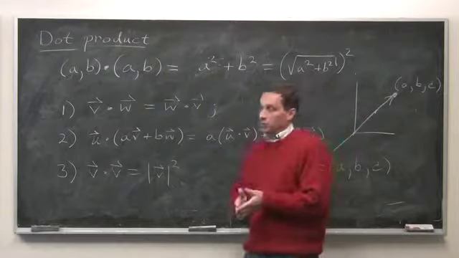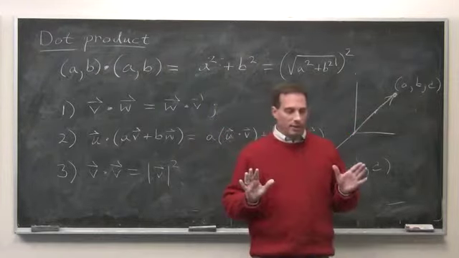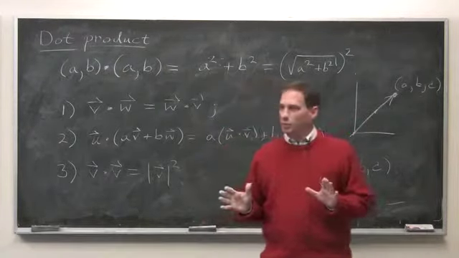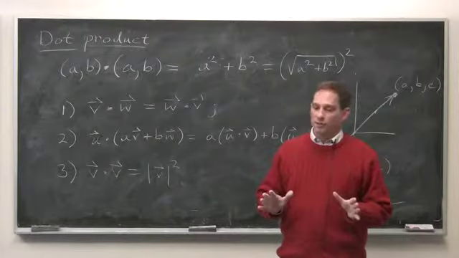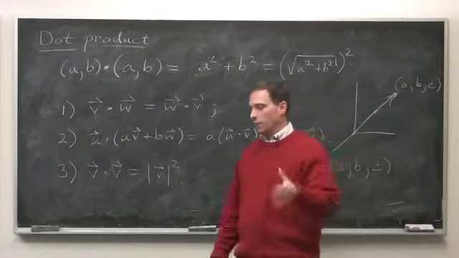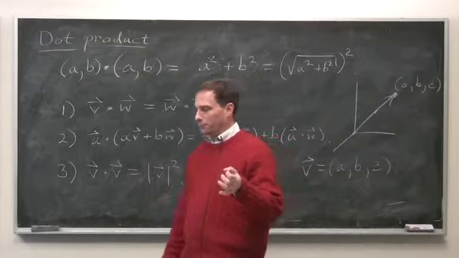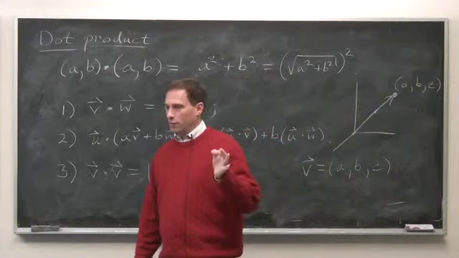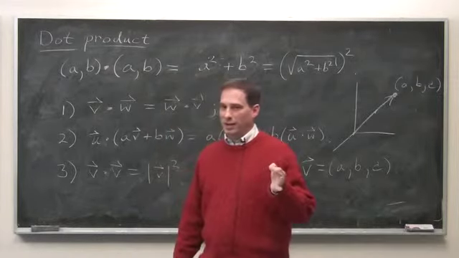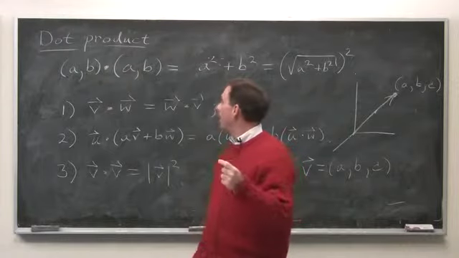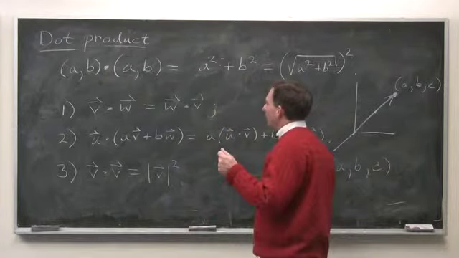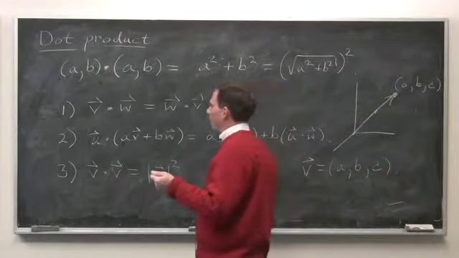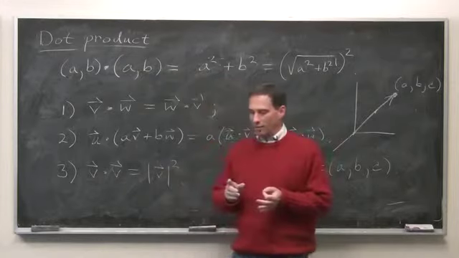So this is a very quick introduction to vectors in the plane and in space. There are lots of other things to say. I haven't talked about standard bases for R2 and R3, and I haven't talked about what it looks like geometrically when you add vectors.